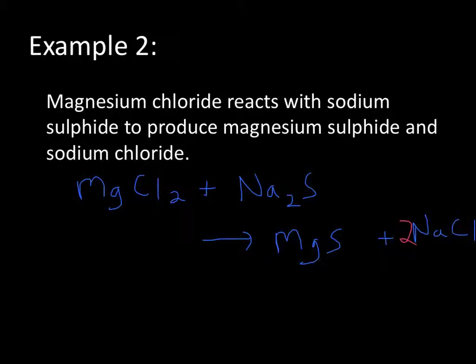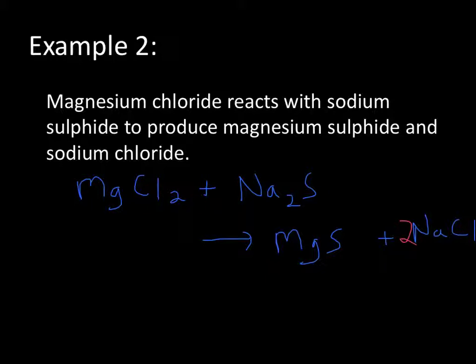I have one sulfur on the reactant side and one sulfur on the product side, so my sulfurs are balanced. I have one magnesium on the left side and one on the product side of the equation, so my magnesiums are balanced, and I have two chlorines and two chlorines. So actually this ends up being a relatively straightforward chemical equation to balance.